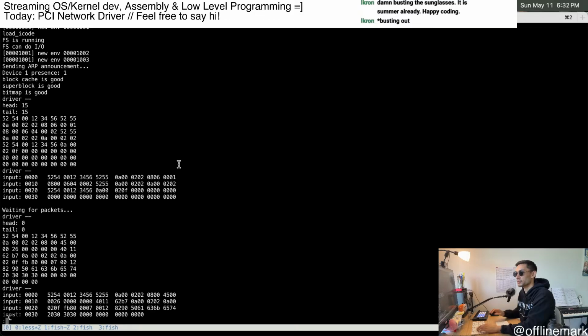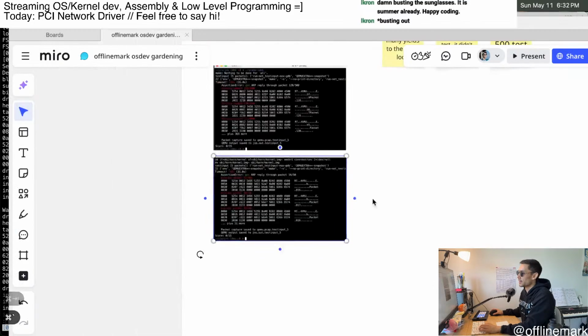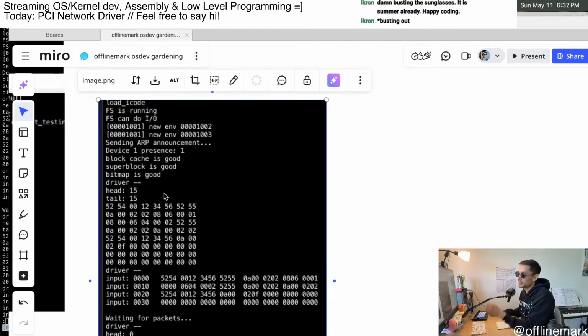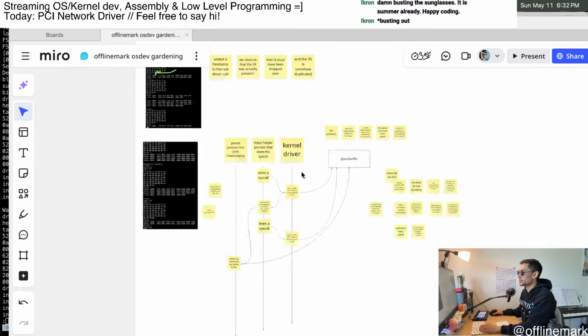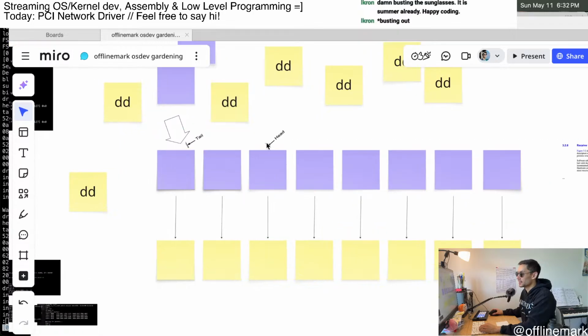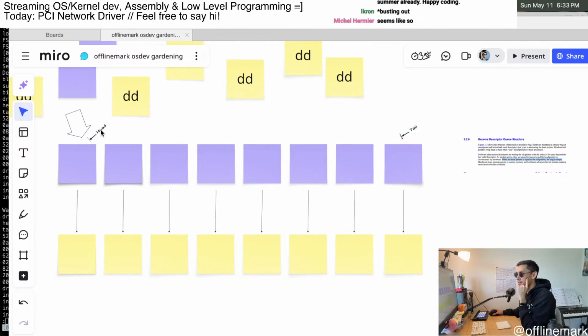One of the reasons I believe this is that head and tail are both equal to 15. If we go up to our diagram, this is a simplified example, but head is here, tail is here, both at the end.